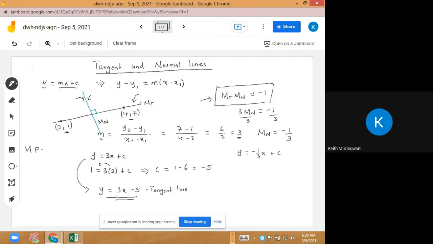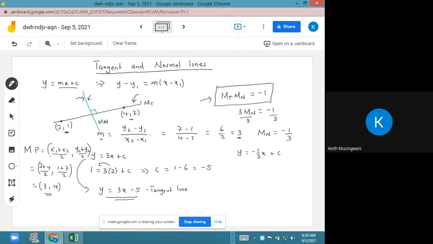The midpoint is just x1 plus x2 divided by 2, comma, y1 plus y2 divided by 2. So we add x1 is 2, x2 is 4, divided by 2, comma, we add y1 is 1, y2 is 7, divided by 2. So the midpoint is 6 over 2, which is 3, 8 over 2, which is 4. So this line passes through (3, 4).